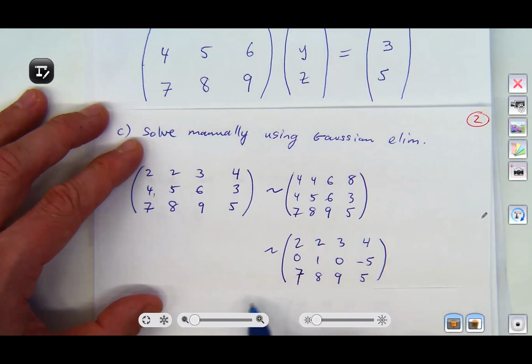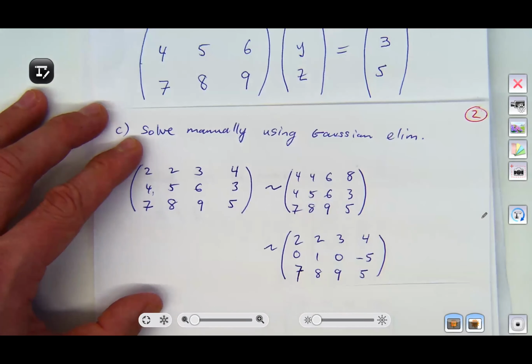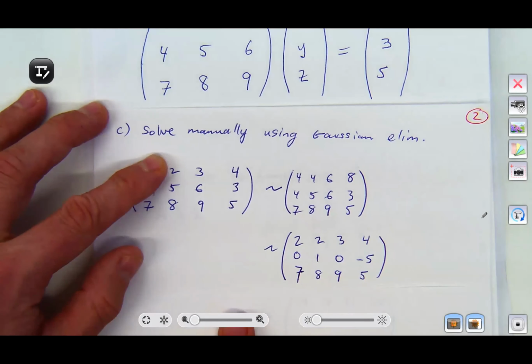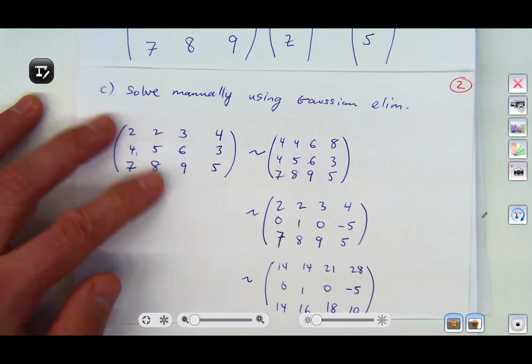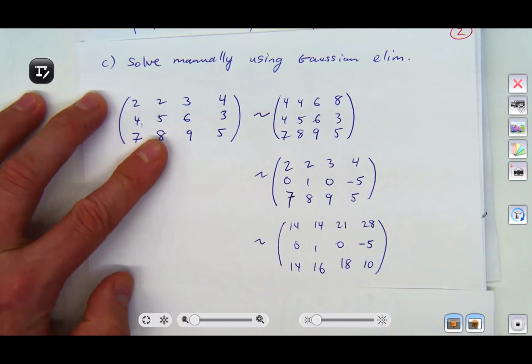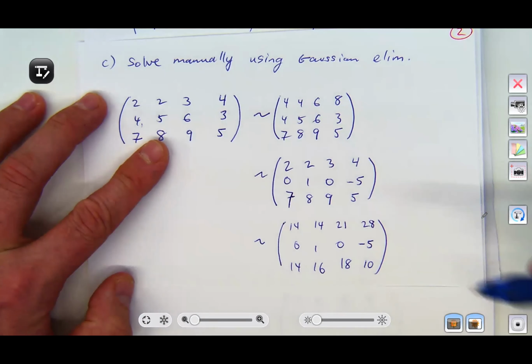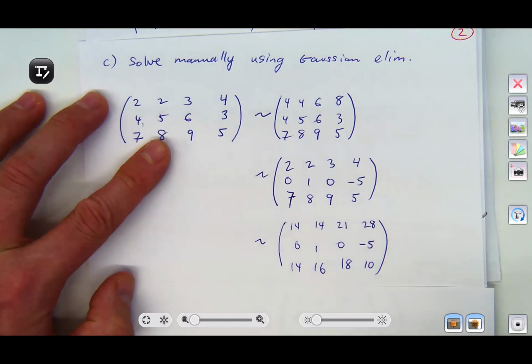I multiply the bottom row by 2. So I have 14s there. Then I can subtract 14 from 14, which I like better. Okay, so that's what happens next. So next we have multiplied the top row by 7. We've multiplied the bottom row by 2. And next we want to subtract. Did you have a question? No, good, okay. All right, so that's simple.